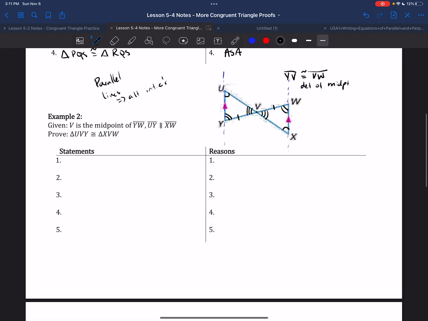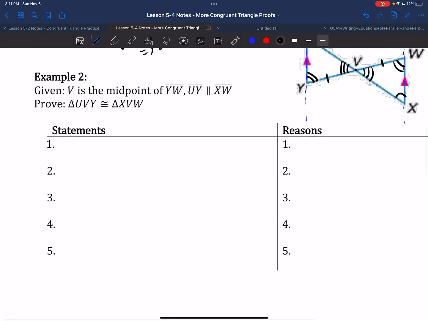All right, so take a look at number 1. Of course, we're just going to copy and paste the given to our first statement and then write given for a reason. So this is given. And then number 5 should be what you're trying to prove.